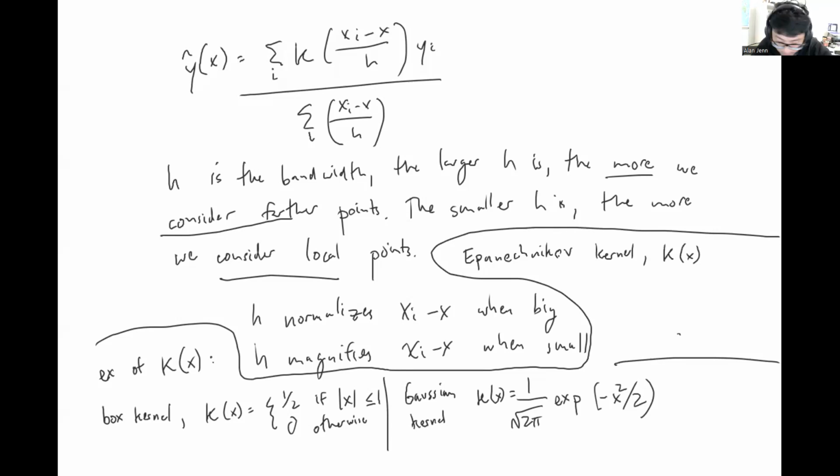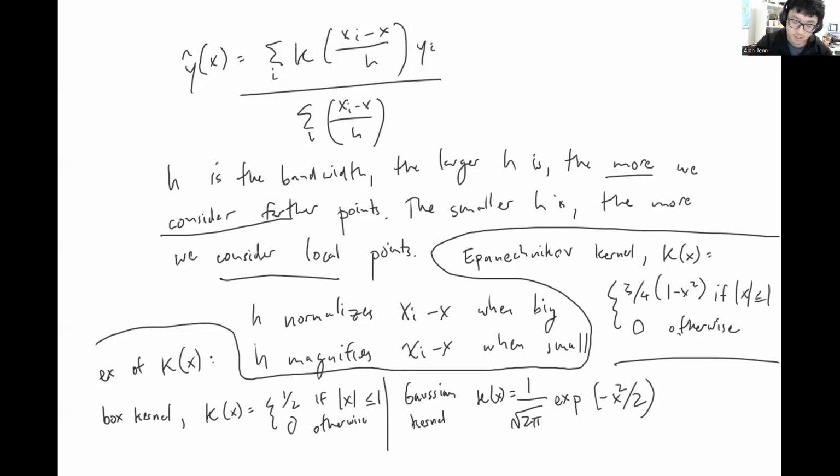K of x is equal to 3/4 times 1 minus x squared if the absolute value of x is less than or equal to 1 and 0 otherwise. Okay. This is just to give you a sense of what the kernels are doing, to make sure they're not really a black box. You can go in and figure this out, and you can also play around with the different kernel transformations to see how they affect your fit.